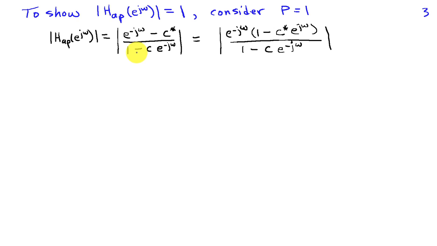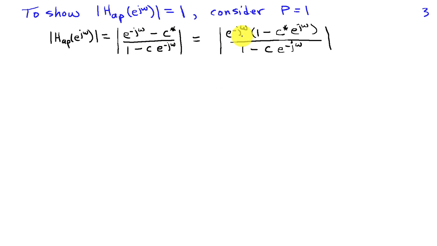Remember, I had z inverse minus c complex conjugate divided by 1 minus c z inverse. We're going to replace z inverse by e to the minus j omega. In other words, evaluate the z-transform on the unit circle to get the frequency response, and we'll take the magnitude of that. So I can write that as e to the minus j omega minus c conjugate over 1 minus c e to the minus j omega.